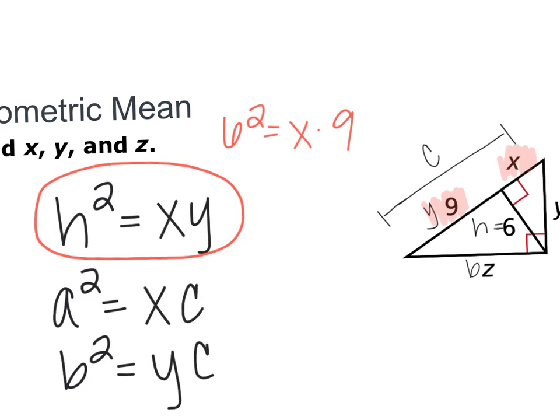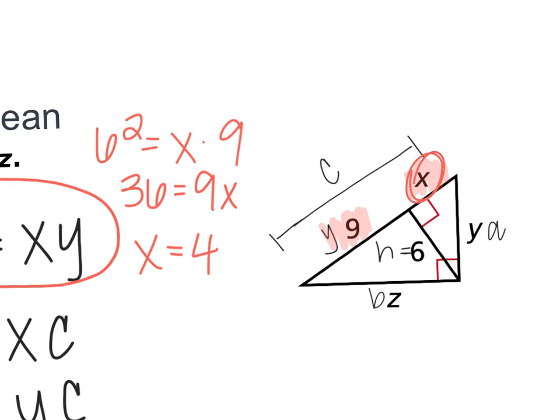Well, 6 squared is 36, and 9 times x is just 9x. 36 divided by 9 gives me an x value of 4. So I know this x value is going to equal 4, which means I also know that this c value is 13, because I added those two sides together. 9 plus 4 is 13.